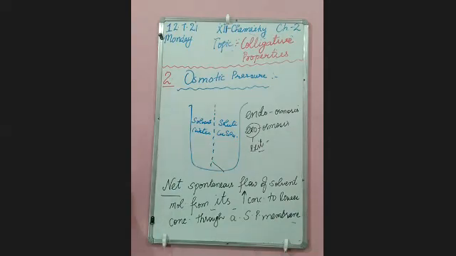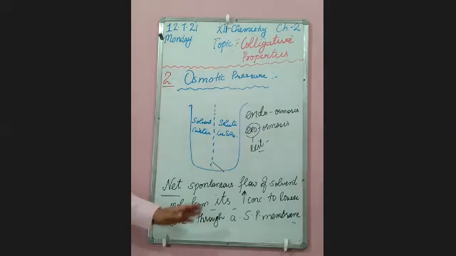Now comes your osmotic pressure. I hope these terms are clear to you: osmosis, diffusion, exosmosis, endosmosis. Now this semi-permeable membrane can be natural or artificial in nature. Natural is like vegetable membranes, animal membranes. See the first layer of onion, a very, very fine layer that is acting as a semi-permeable membrane.